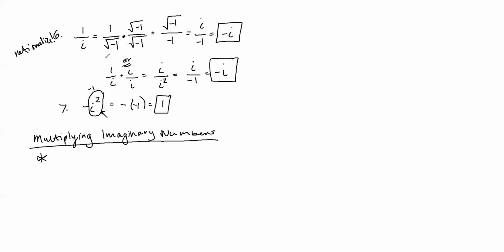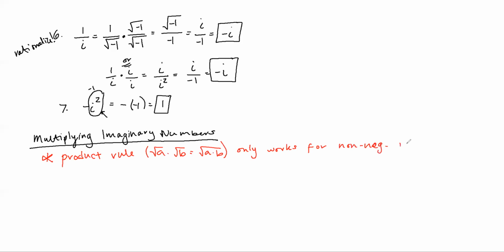One thing that's really important, and let me actually put this in red, is that the product rule, and so remember our product rule said that the square root of A times the square root of B is the square root of A times B. This only works for non-negative radicands.